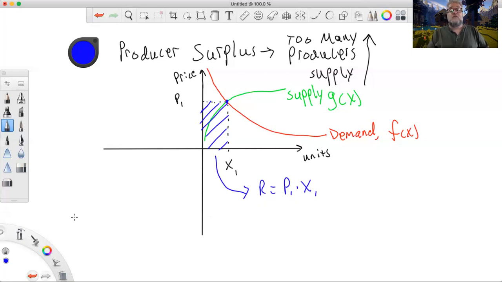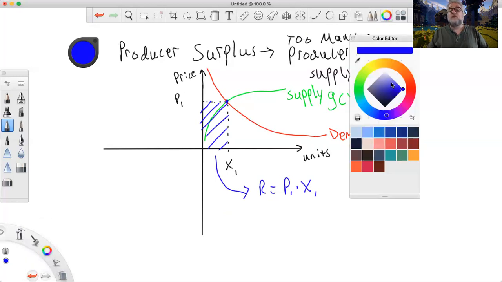But then some producers are willing to sell stuff at a lower price because they got lots of stuff and they got to get rid of it. And so this area here, the area above the green curve, is the producer surplus.